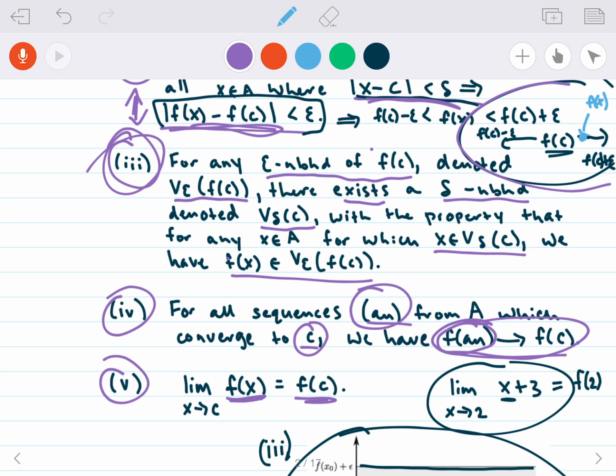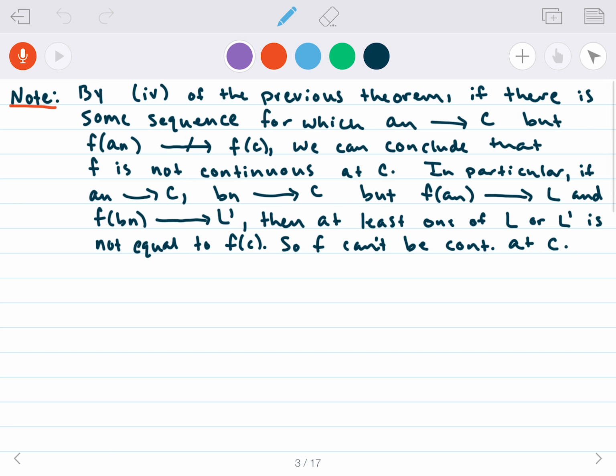Limits have to be unique. So that's how we can prove that a function is not continuous at C. What I just said is written here. So let's do an example where we show this.